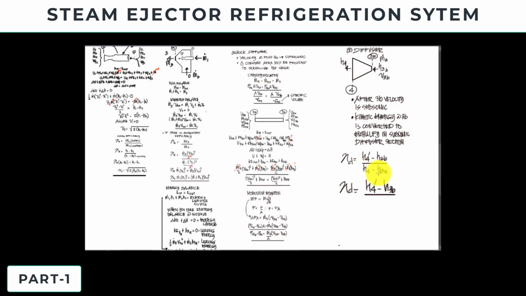Since this can be equated to the kinetic energy, from our previous equation relationship, enthalpy equates to kinetic energy, so that will be velocity 3B squared divided by 2.